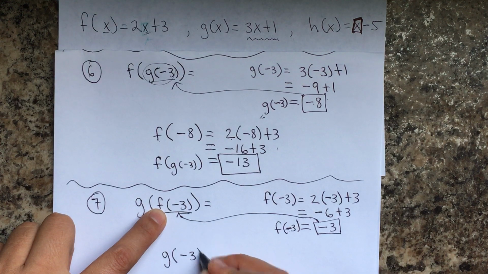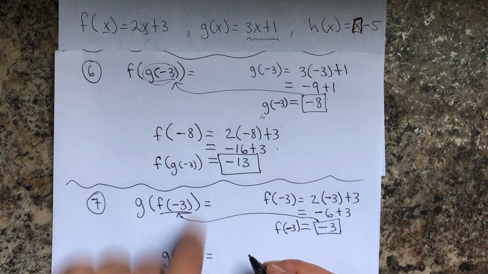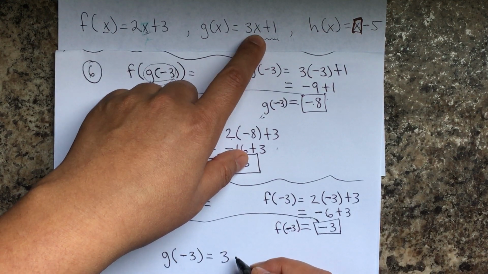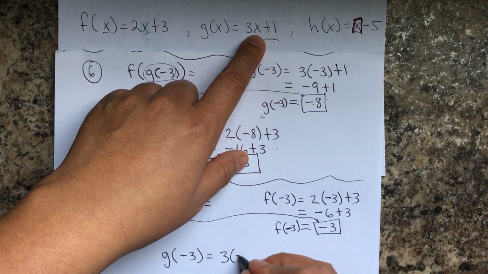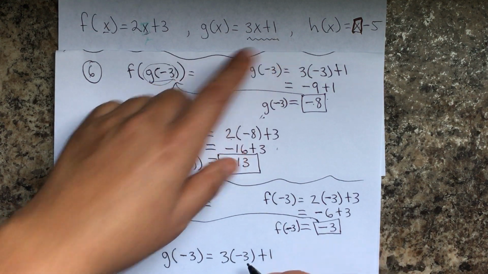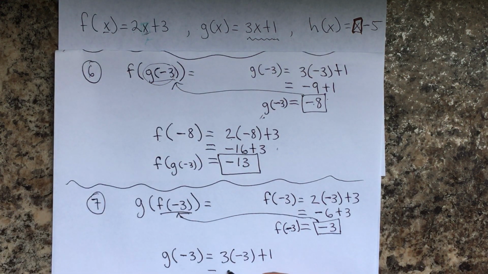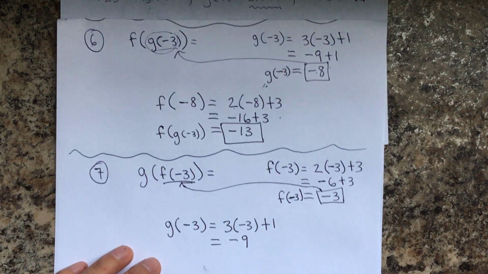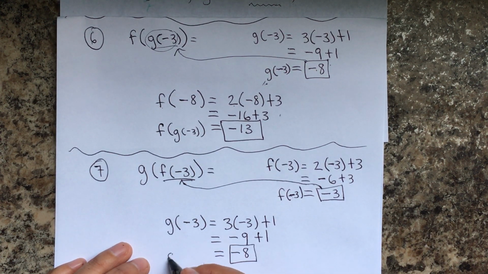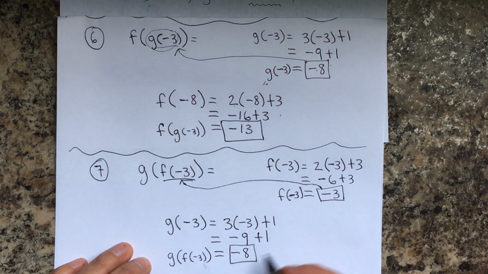It's -3. So that -3 is going to go in there. And so the 3 stays the same. The x is -3. And then we have +1. So 3 times -3 is -9 plus 1. And -9 plus 1 is -8. So g of f of -3 is equal to -8.